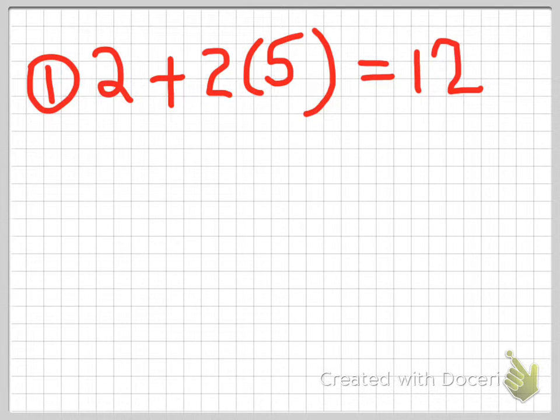I want to solve for the number 5 in parentheses to where it is by itself on the left side of the equation. First step, subtract 2.